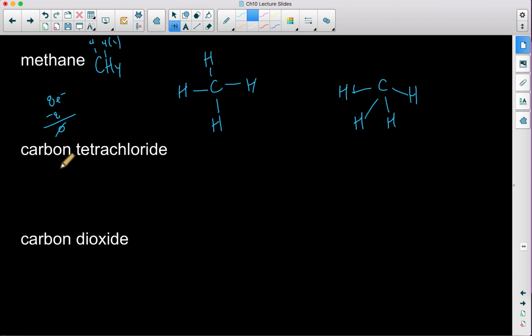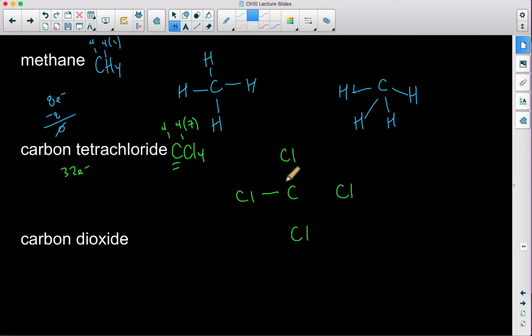Okay, next up, we have carbon tetrachloride. What's this formula? CCl4. Again, central atom, and we're going to distribute my chlorines. Then we're going to count our valence electrons. We have 4 for carbon, and here we have 4 times 7, which is 28, plus 4. So we have 32 electrons to work with.